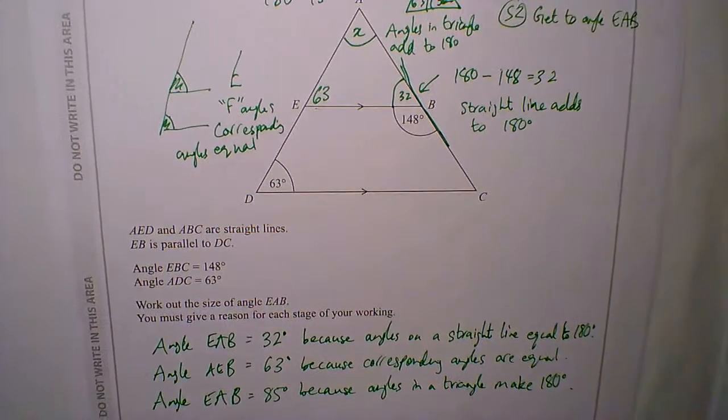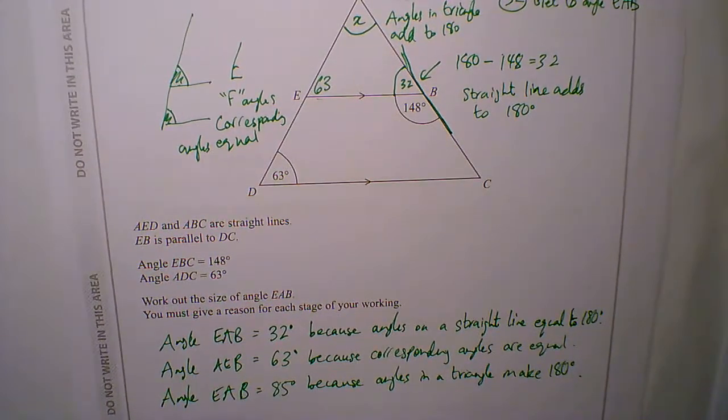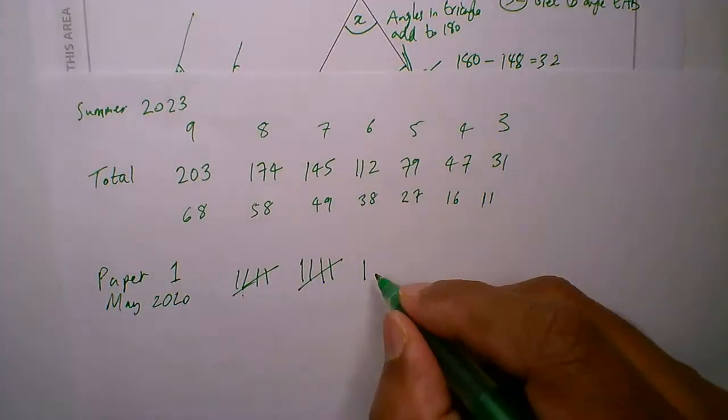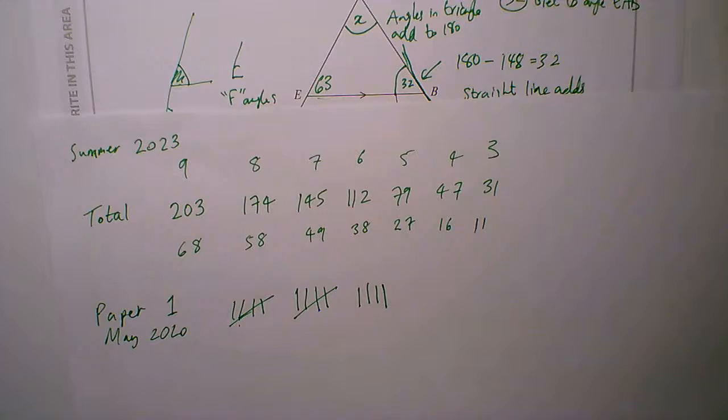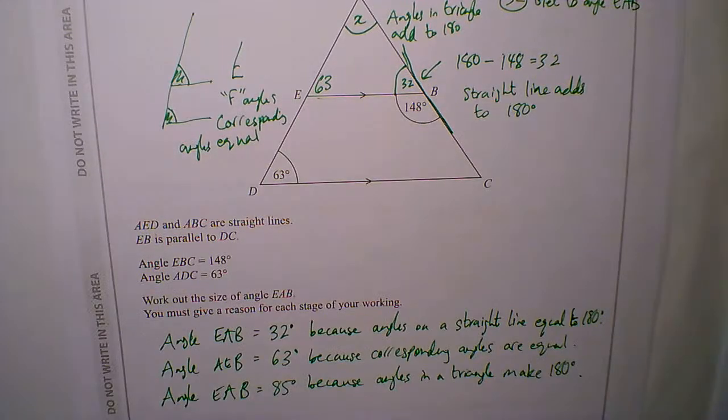So a lot of time taken, and you can see this is lots of words, just giving an explanation. This is worth 3 marks: 1, 2, 3. So I've got 5, 10, 14 marks. I'm very close to getting that grade 4.